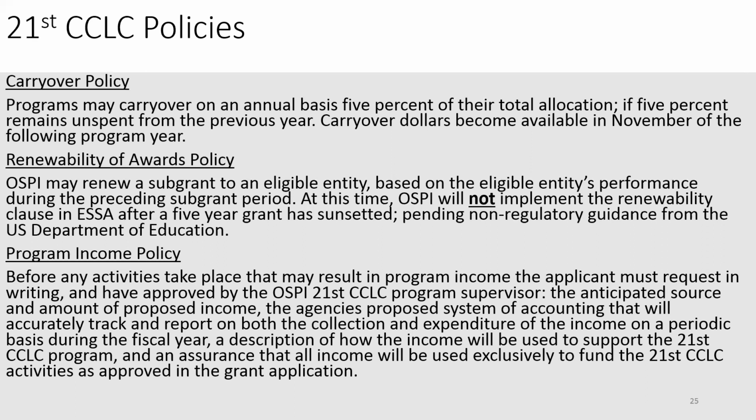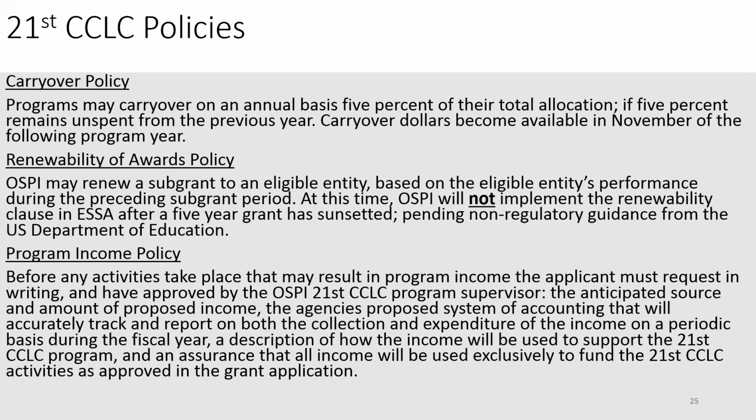Also, the program income policy, this is a sticky subject too. And just to let you know upfront, if you're a program that plans on having an activity in your after-school program that may generate funds that started with 21st century dollars, then you absolutely have to get it approved at the state level, with some caveats and some other requirements of information that we will have to have from you before this activity can take place.